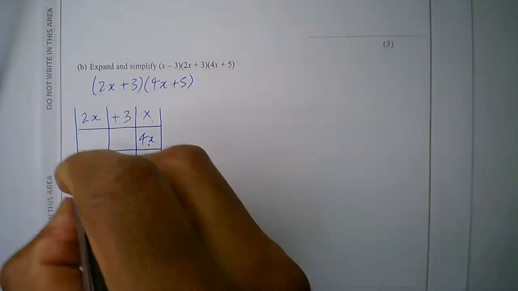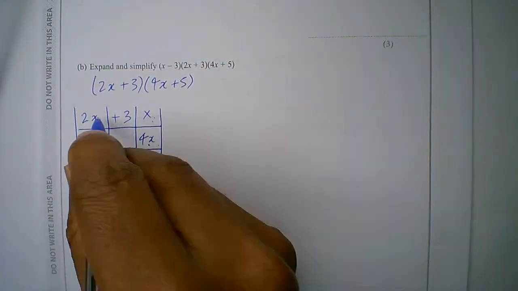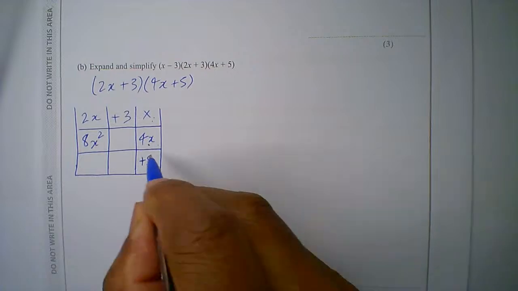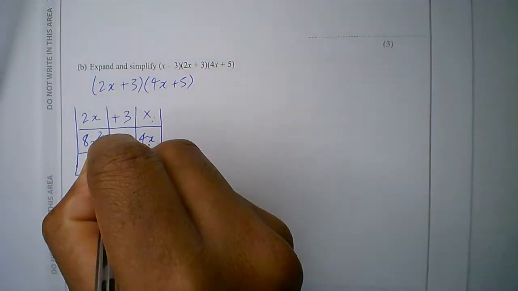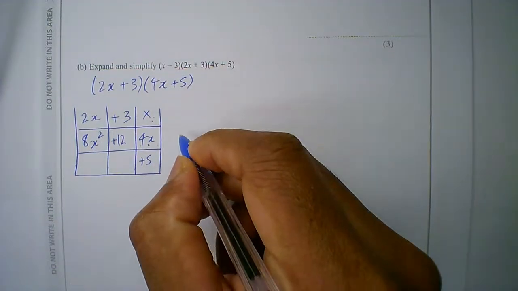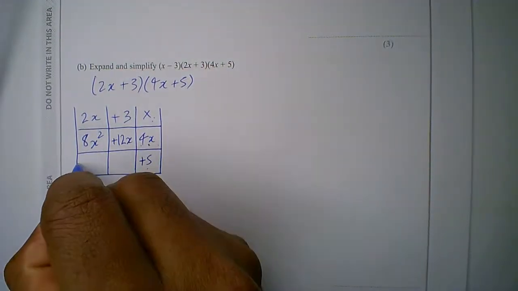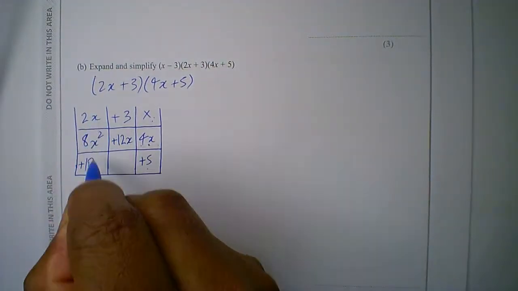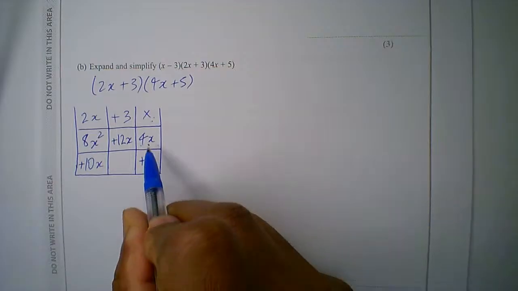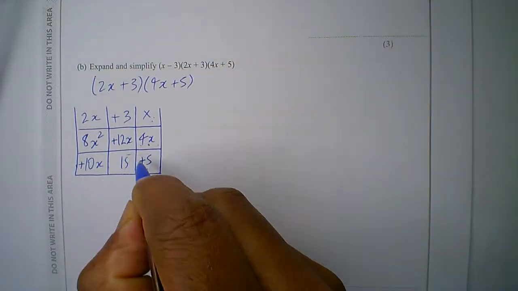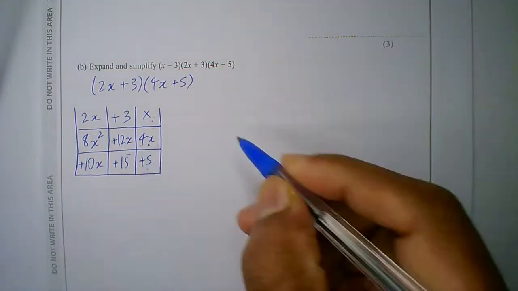4 times 2 is 8. x times x is x squared. 4 times 3 is 12. 4, 8, 12. And we've got x. 5 times 2 is 10, so plus 10. And we've got x there. 5 times 3 is 15, and both of them are positive, so we've got positive.